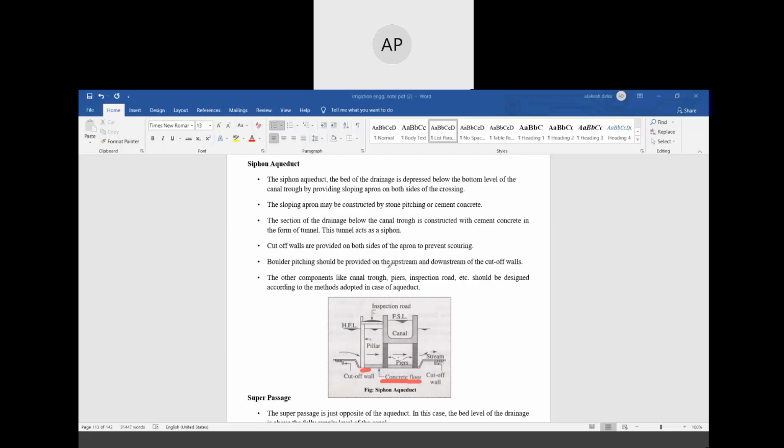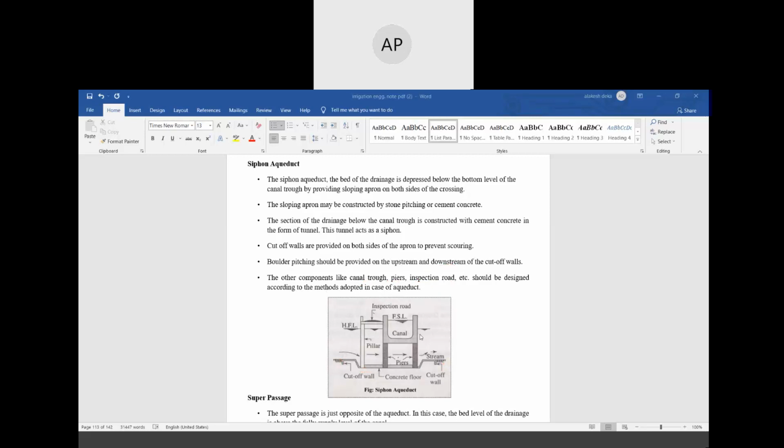Boulder pitching should be provided on the upstream and downstream of the cutoff walls. The other components like canal trough, piers, inspection road, etc. should be designed according to the method adopted in the case of an aqueduct.